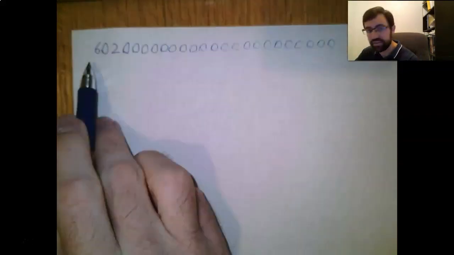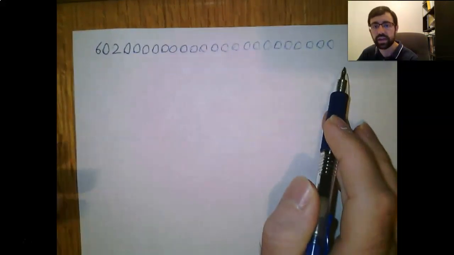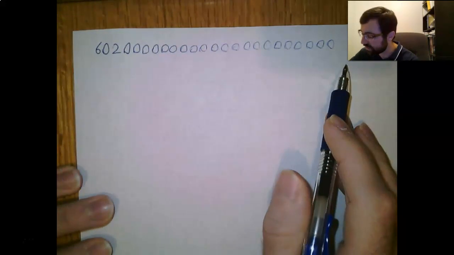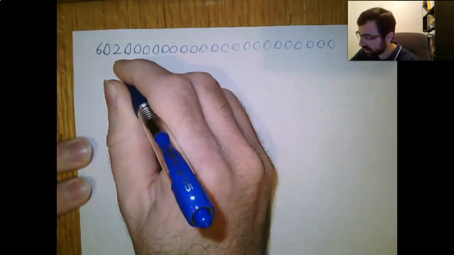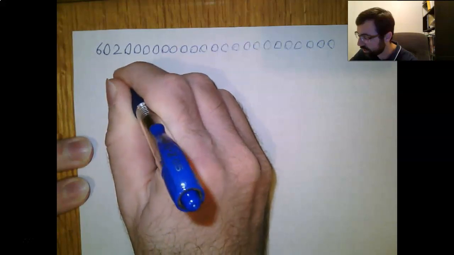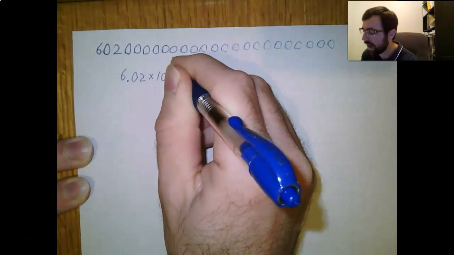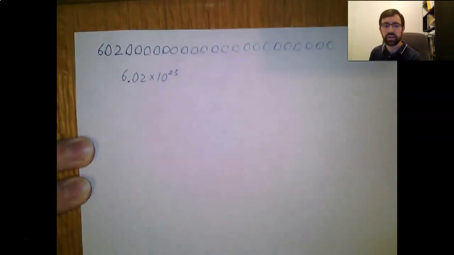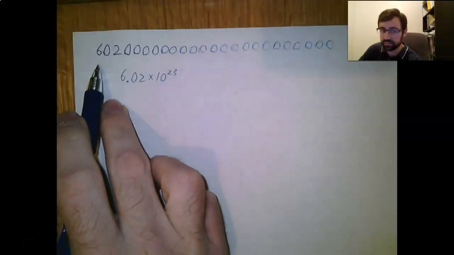That number is very big. It's definitely more than 10. If it's more than 10, my exponent is positive. So this one, and I'm not going to go through counting the zeros for you, I just happen to know is 6.02 times 10 to the 23rd power. Okay, it's a positive exponent because this is larger than 10.